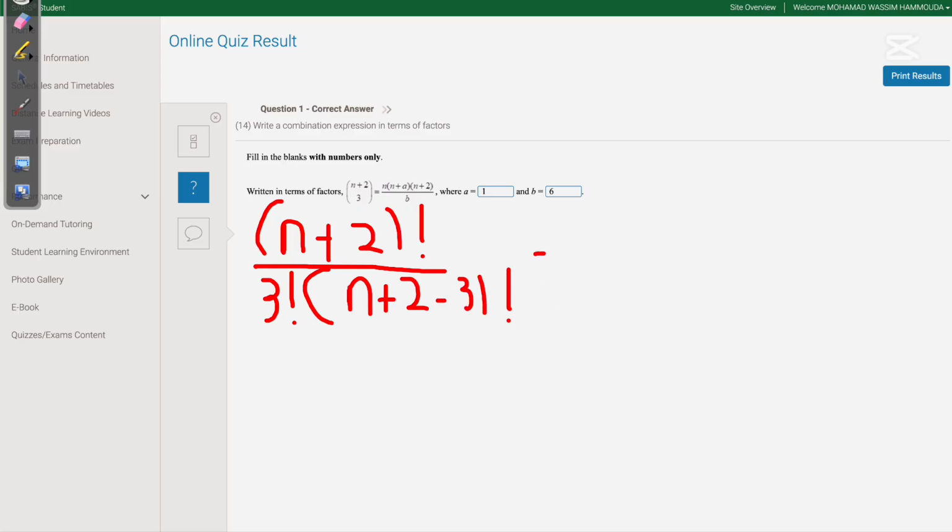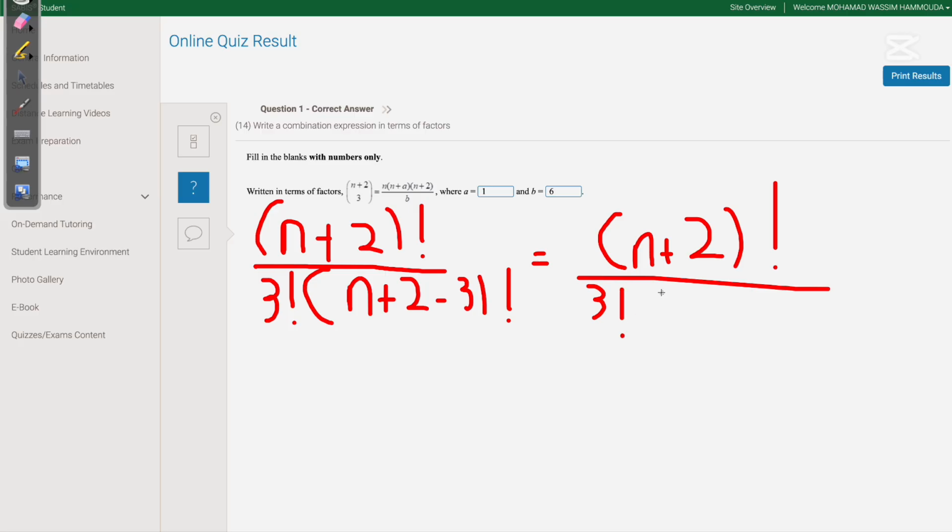And then we're gonna simplify. So that would be equal to (n+2) factorial over 3 factorial times (n-1) factorial.